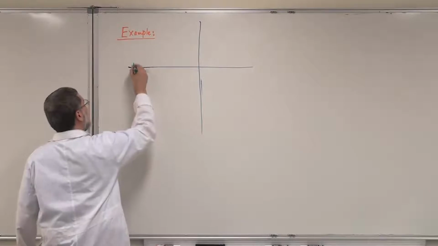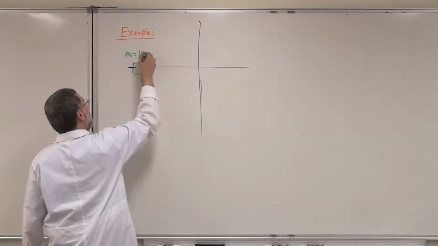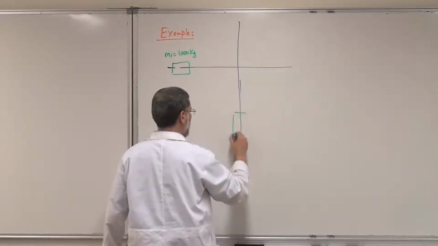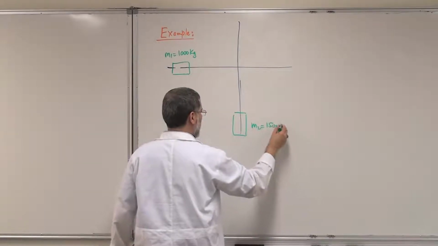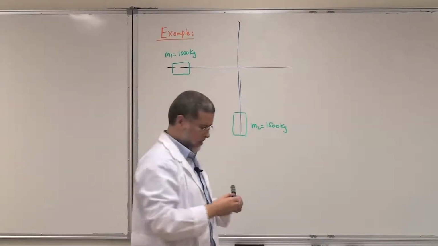So we have a car here with a mass m1, 1,000 kilograms. We have a truck here with a mass m2, 1500 kilograms. Both of them are moving with velocities.